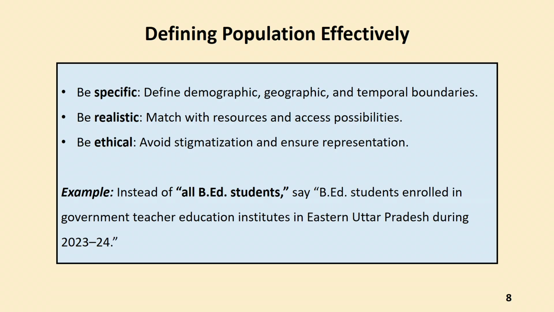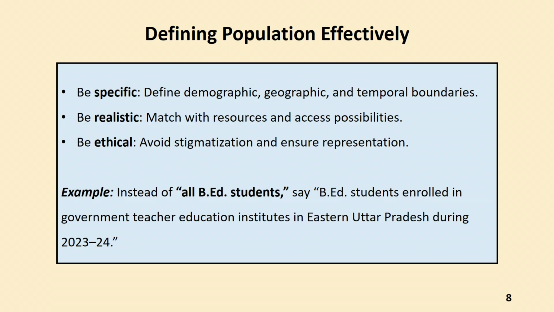Let us take one example here. Instead of all B.Ed students, say B.Ed students enrolled in government teacher education institutes in eastern Uttar Pradesh during 2023-24. Here you can see how much difference there is between all B.Ed students and a statement which says B.Ed students enrolled in government teacher education institutes in eastern Uttar Pradesh during 2023 to 2024.